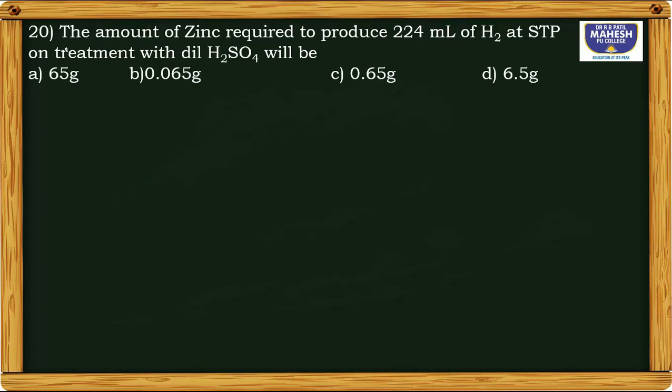Students, now let us see question number 20. The question is the amount of zinc required to produce 224 ml of hydrogen gas at STP on treatment with dilute sulfuric acid. So let us write that reaction. Zinc reacts with dilute sulfuric acid.